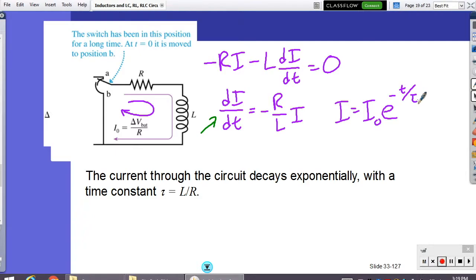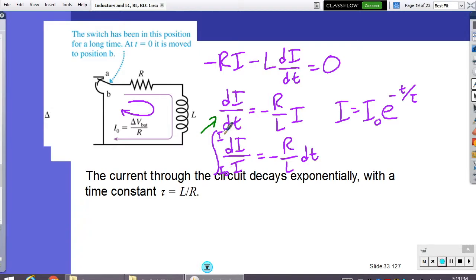Let's actually just do this whole integral out. I know we don't want to take up too much time, but let's just do this. So we end up with di over I equals negative R over L dt. So in this case, we integrate the left side, and we're going to integrate this from wherever we start, from I0 to some later current I, because it's going down.